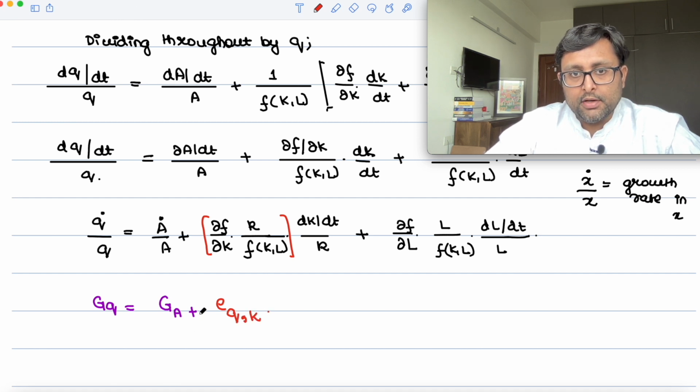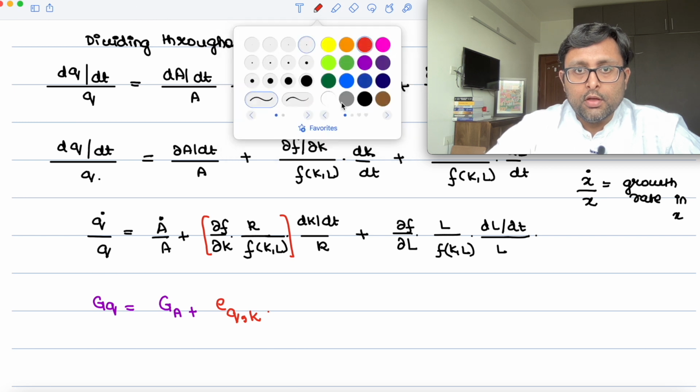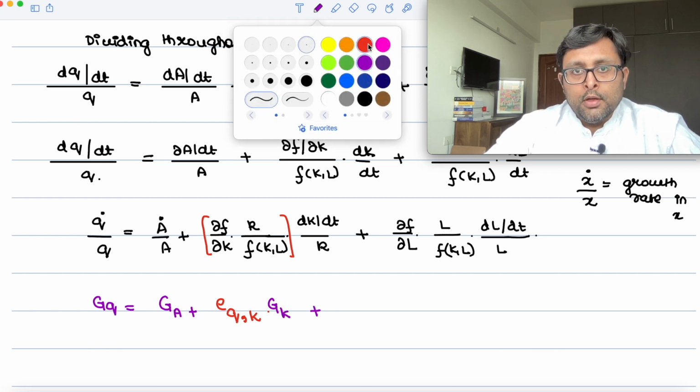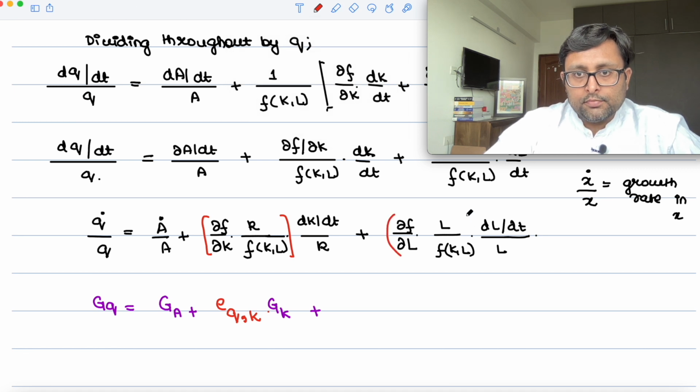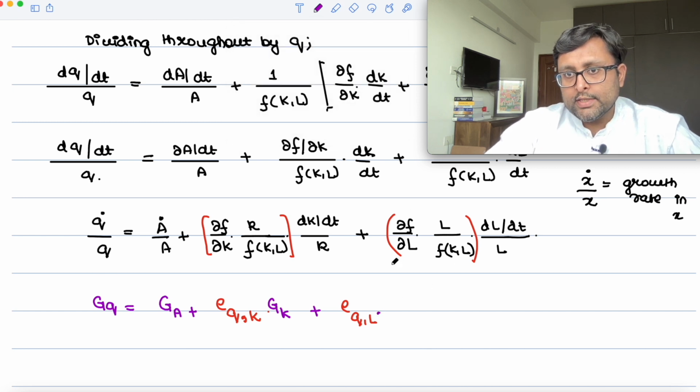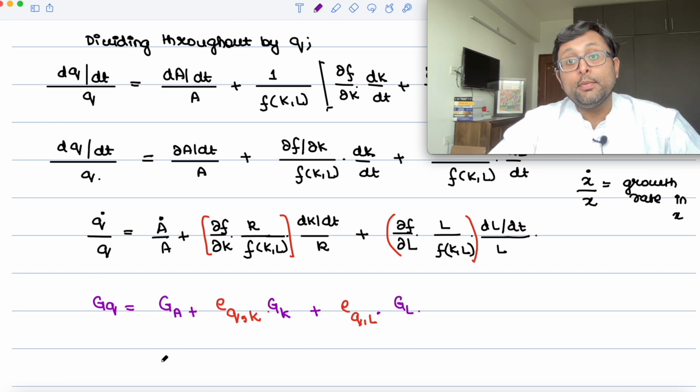This is what? dK by dt, growth rate in capital, plus this thing, del F by del L into L by F. This is the elasticity of output with respect to labor, into, what is dL by dt? This is gL. This is your dL by dt by L. This is the growth rate in labor.